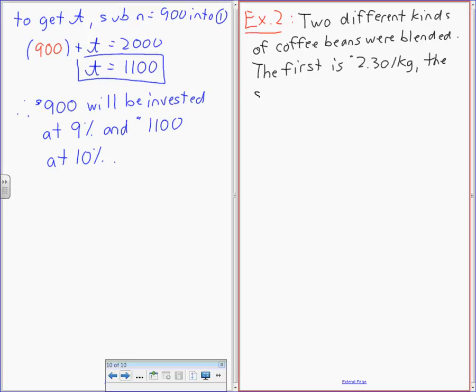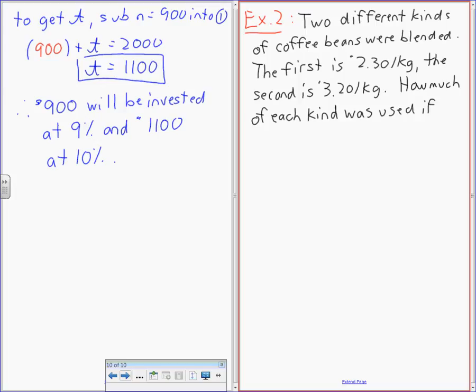The second is $3.20 per kilogram. How much of each kind was used if 200 kilograms of mixture costs $3 per kilogram?